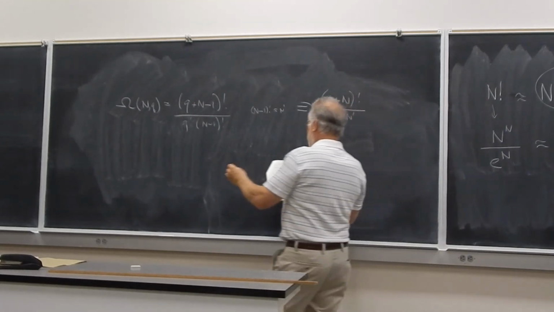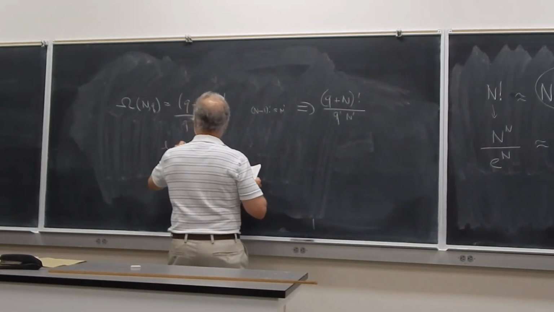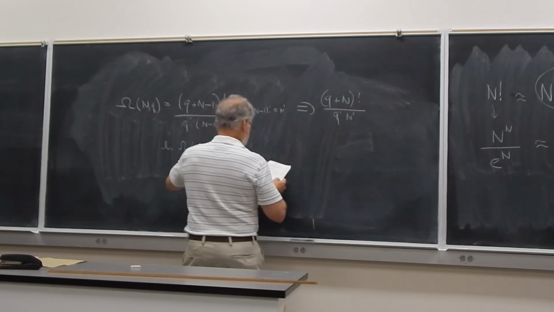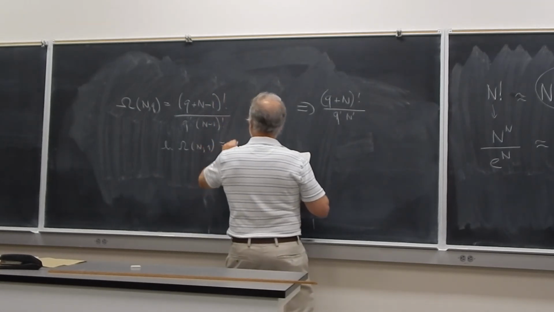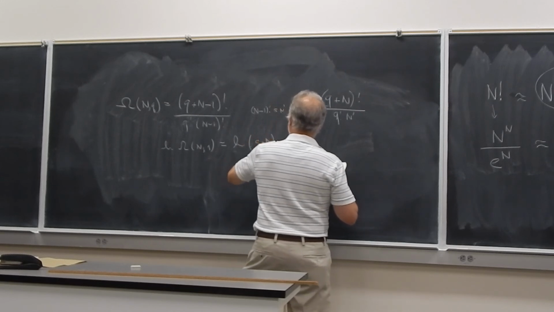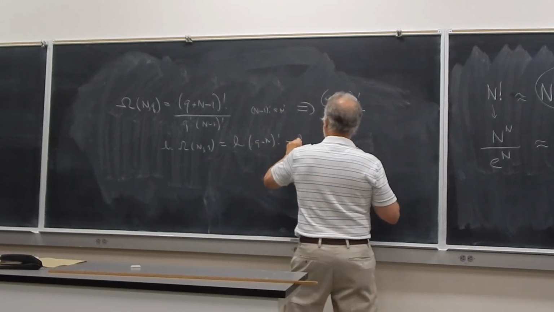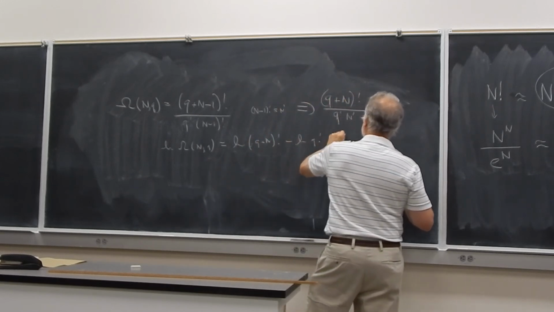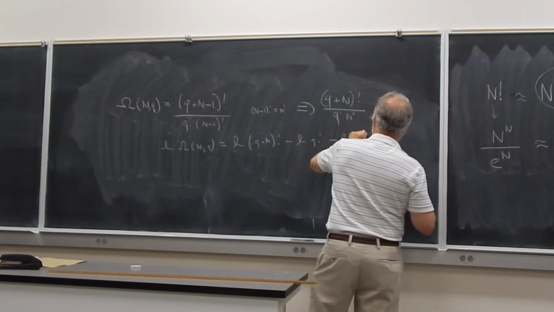If I take the log of that expression, I get, of course, the log of q plus n factorial minus the log of q factorial minus the log of n factorial.